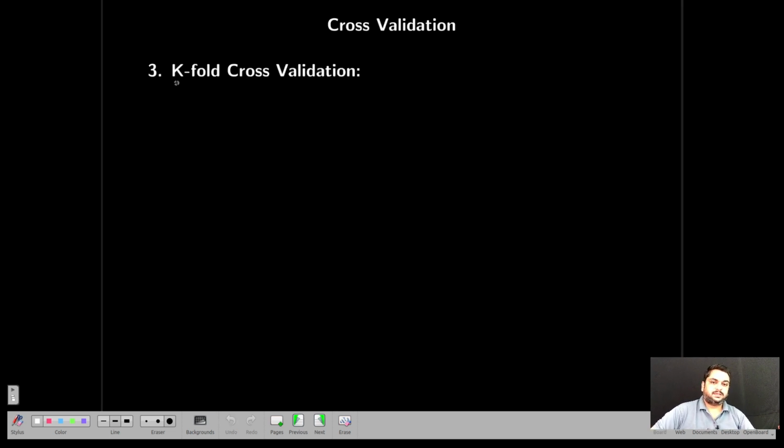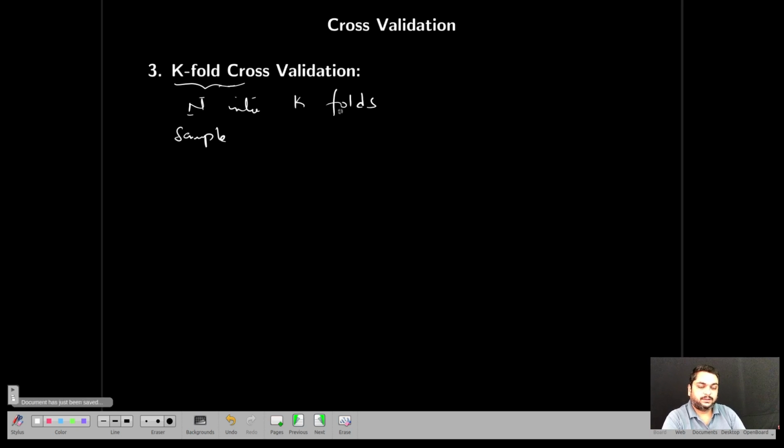Next is the k-fold cross validation. It's a hybrid or mix of both the hold out and leave one out cross validation techniques. So it is similar to leave one out. Here instead of taking n minus 1 and 1, we divide the n samples into k folds of roughly the same size.